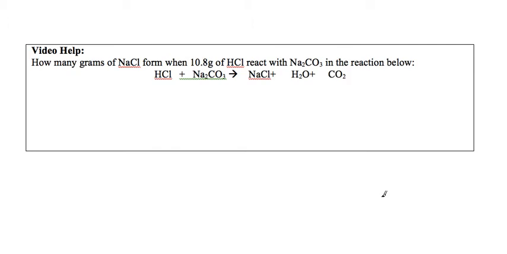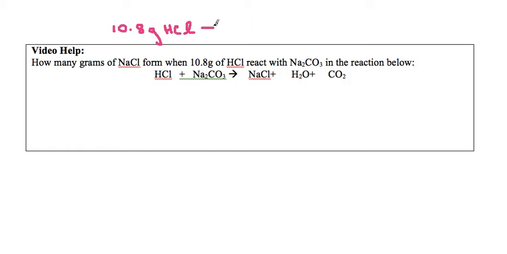Alrighty, so this example is not quite as simple as just the pure mole to mole conversion. I'm actually going from grams of one thing to grams of another. So I'm going to show you the path I'm going to take, and then I'm actually going to take it. My given in this case, I tell you, is 10.8 grams of HCl. And so you're going to go from grams of HCl in order to get into terms of NaCl.